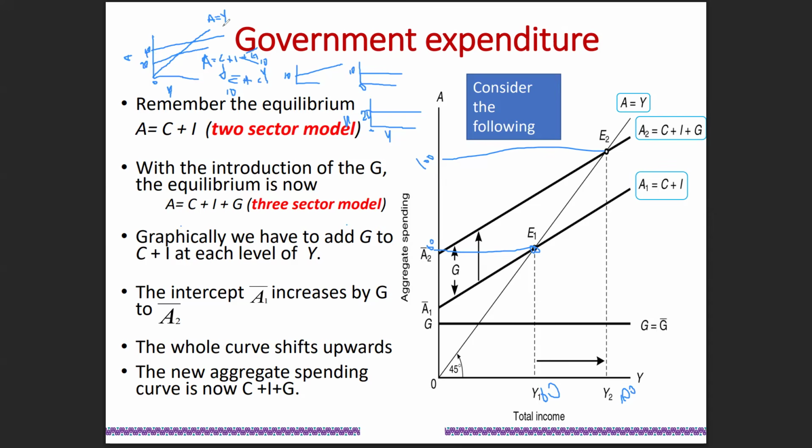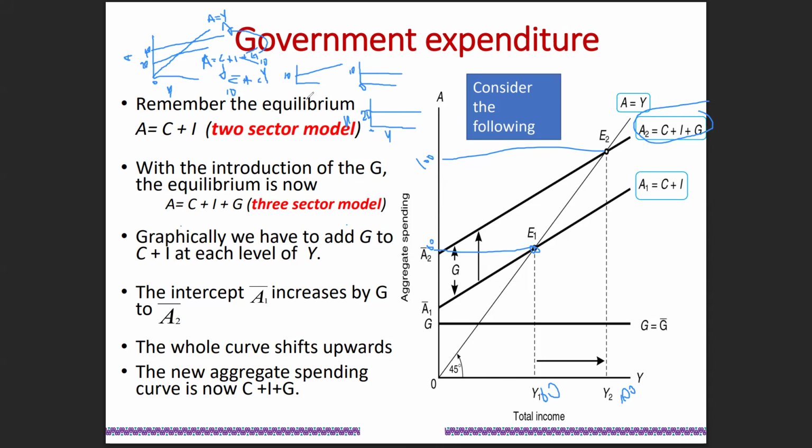Right, so now your aggregate expenditure. Oh, sorry, I wasn't supposed to add a G here. This should go here, where now it's C plus I plus G, which is basically this thing here.